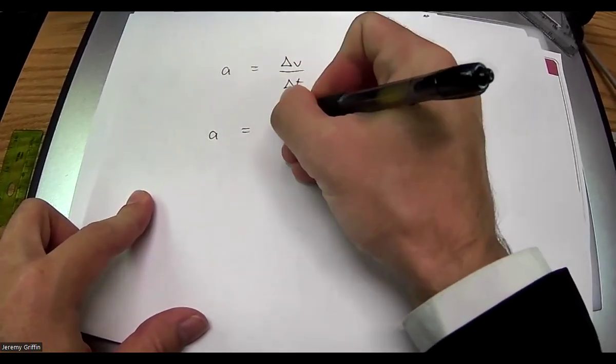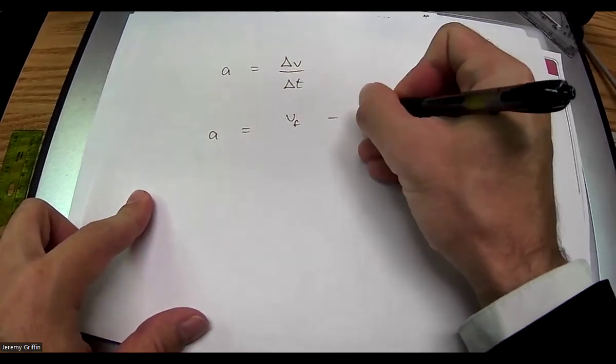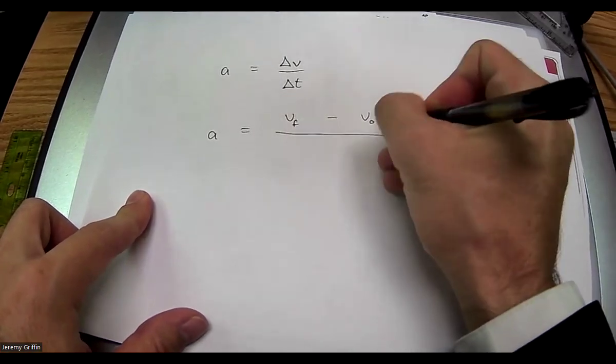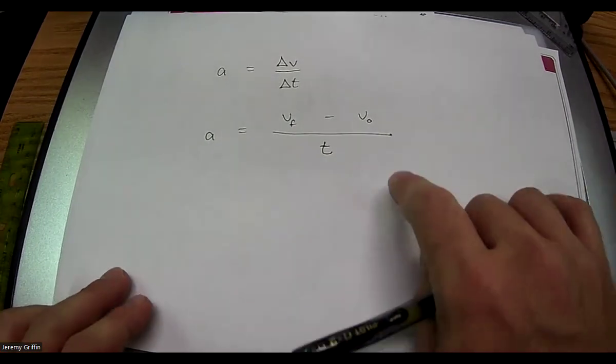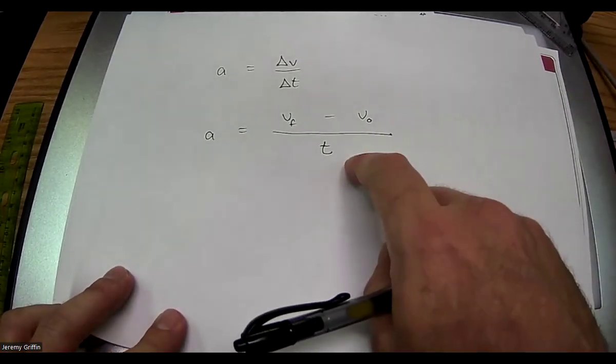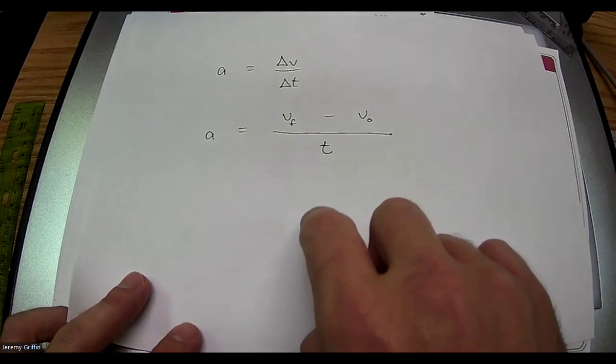Which is final velocity minus initial velocity, divided by time. Instead of saying delta t for the time interval, I'm just going to say t. Suppose you start at time 0, that could be true, right? The initial time is time 0. Can I do that? Okay.